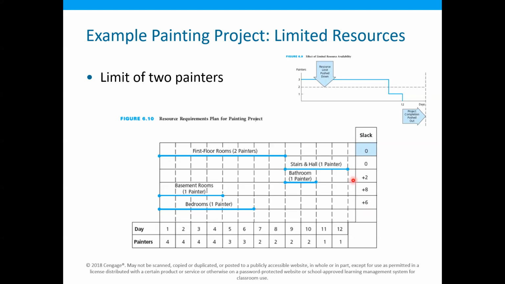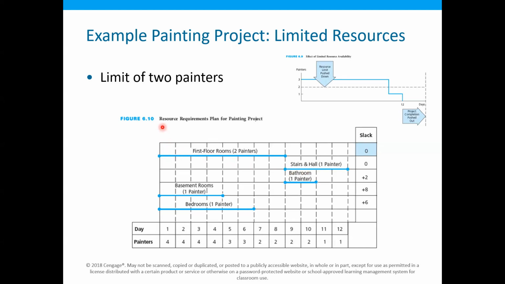Okay. So when the resources are limited, then the general rule for scheduling the activities is that we give first priority to those activities with the minimum slack. Okay. So in this case, the activities with the minimum slack are the first floor rooms and the stairs and hall.